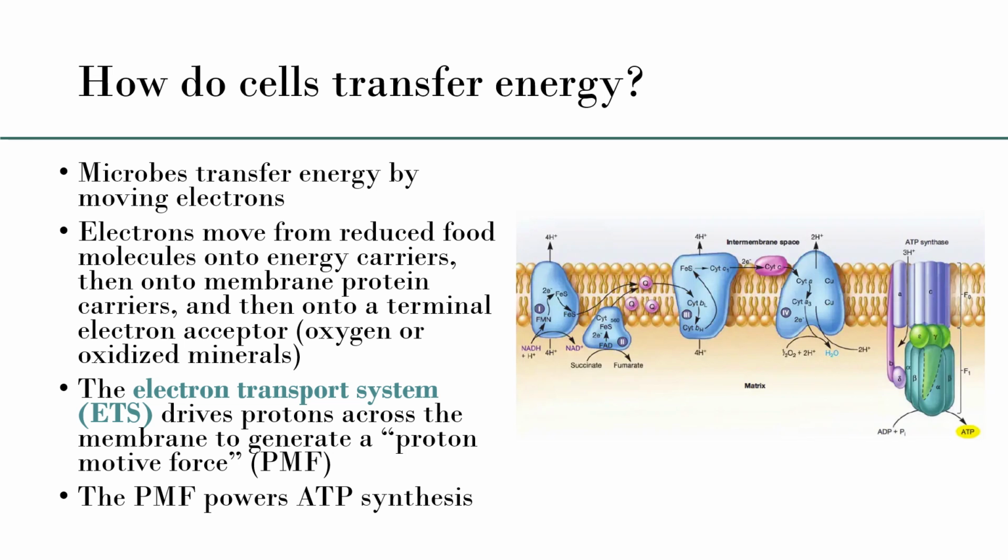Now, in the parts of metabolism that we've learned already, so glycolysis and the TCA cycle, we've been collecting electrons and we've been putting them on energy carriers. And what we're going to do is transfer that energy by moving the electrons through an electron transport system, or an ETS.